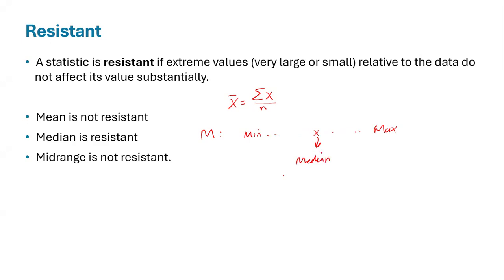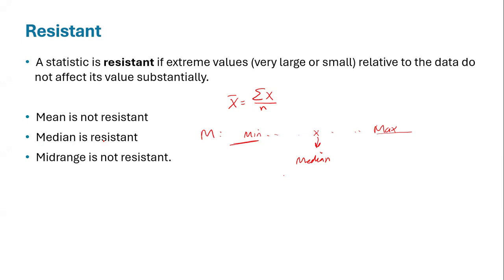If I have some extreme values, very small or very large numbers, they definitely go at the end or at the beginning of the data set. So do they change the median? Not necessarily. That's why we say the median is resistant, because it's exactly in the middle and it may not change by having a small or large number in the data set.